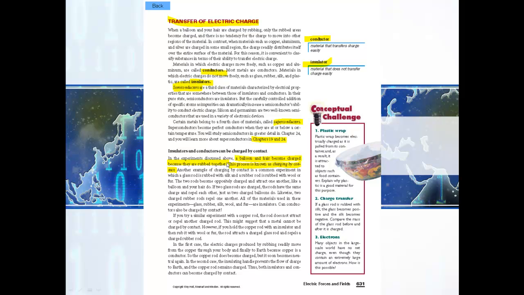Two things start neutral, rub them together, they get equal and opposite charges. And we talked about the triboelectric series, that we could predict who would become the positive, who would become the negative. Don't worry about that. You wouldn't be asked to, between a pair of materials, tell who became positive or negative. But do know that in the friction method, rub two things together, one becomes positive, one becomes negative, and the magnitude of the charges are identical.